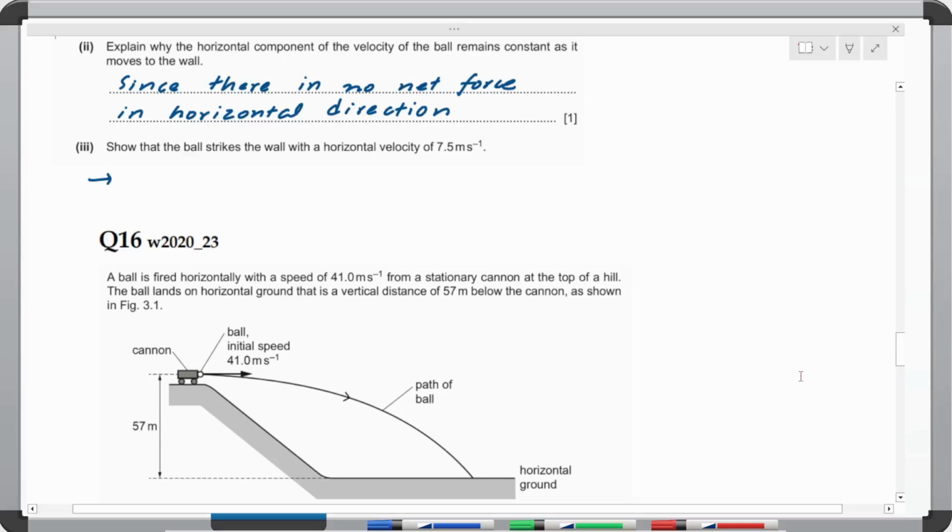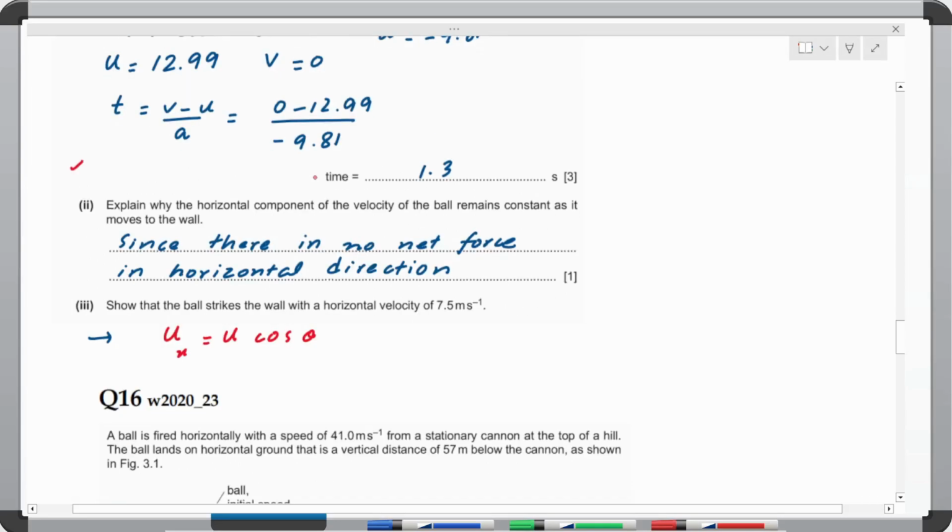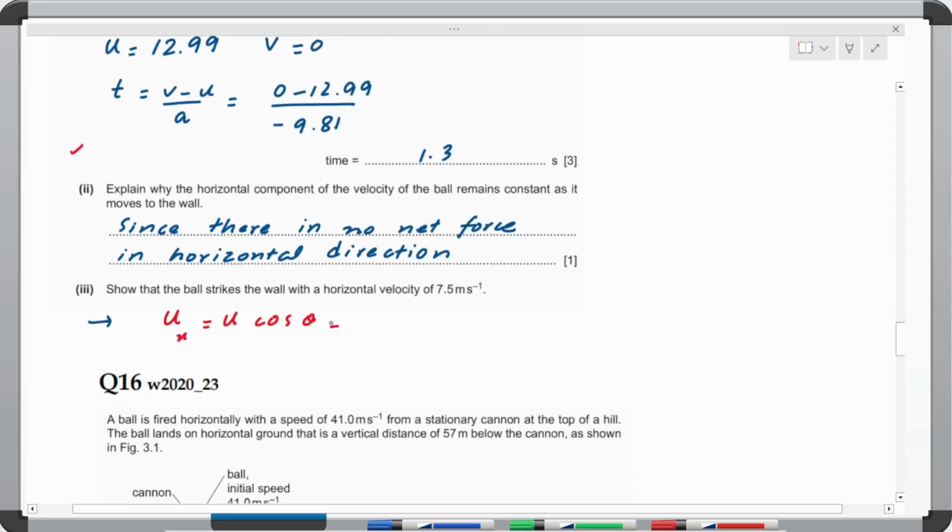Alright everyone, so since you need to find the horizontal velocity, and it would be same everywhere, you can find the initial horizontal velocity, and that equals u times cos theta. So do we have the value for velocity? 15 times cos 60 would equal 7.5, and then you can write the horizontal velocity would be same everywhere.